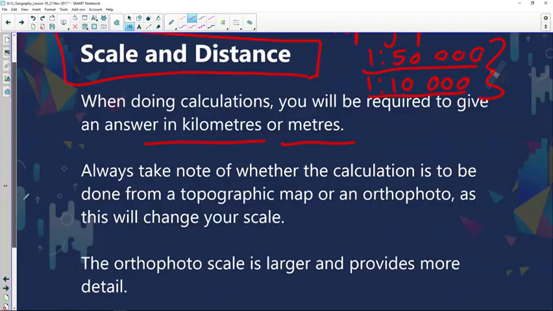Always take note whether the calculation is on the topographic map or the orthophoto. I've seen it time and time again. The biggest mistake that learners make in this question paper is that they don't read the question properly. Make sure whether you need to do the calculation on an orthophoto map or on a topographical map, because we use different sets of formulas.